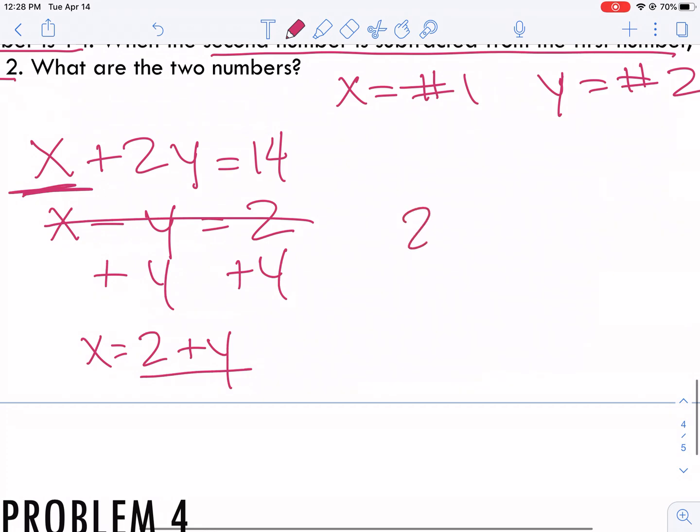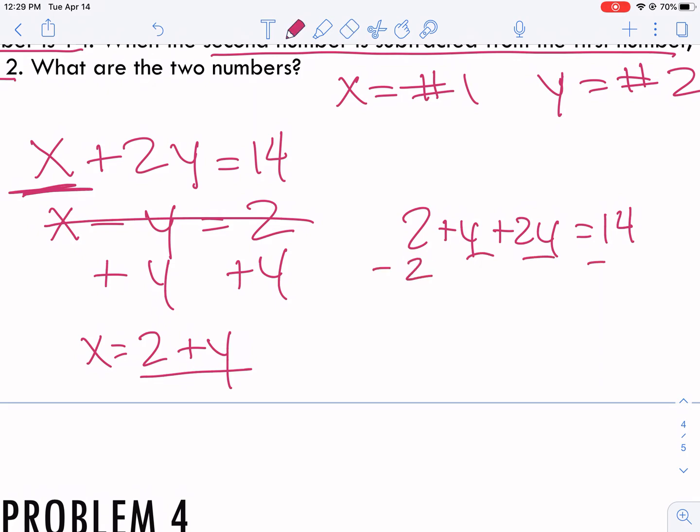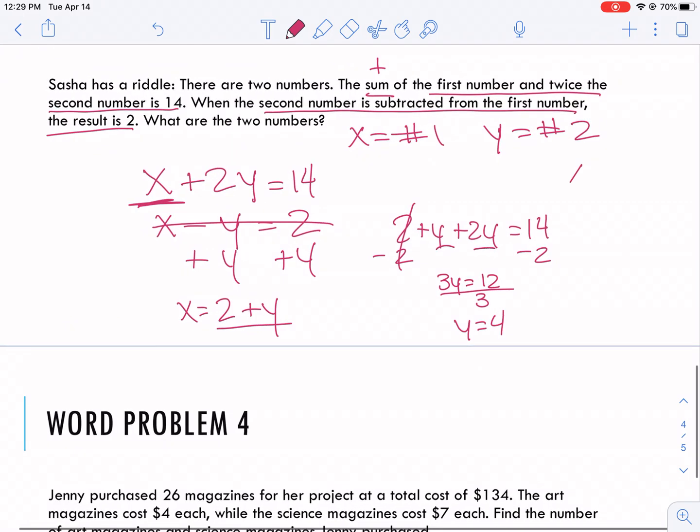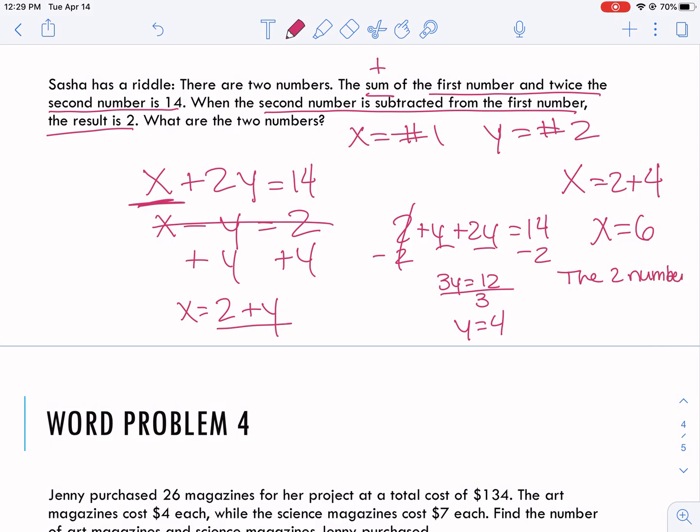So 2 plus y plus 2y equals 14. Whoops. So I'm going to combine like terms and subtract. So 3y equals 12, divide by 3, y equals 4. And then x equals 2 plus y, so 4, so x equals 6. So the 2 numbers are 6 and 4.